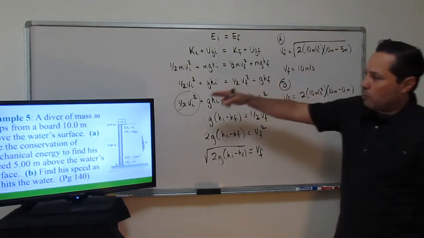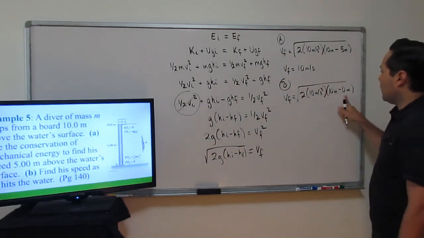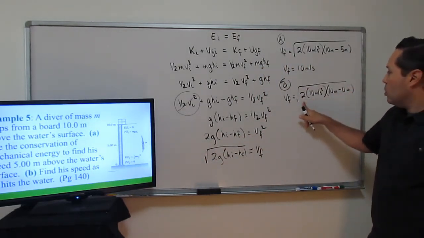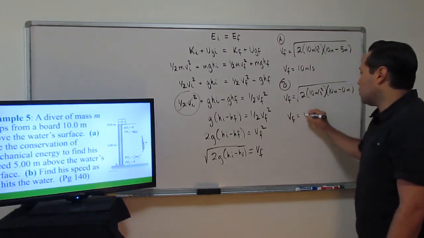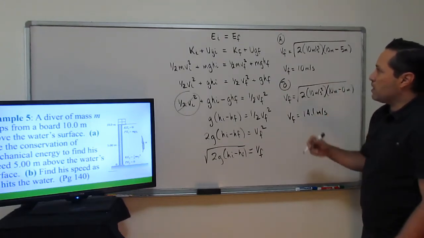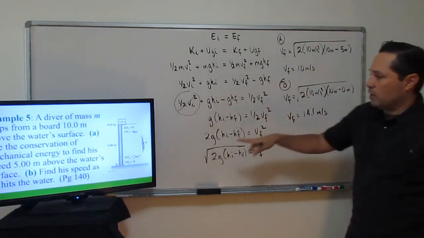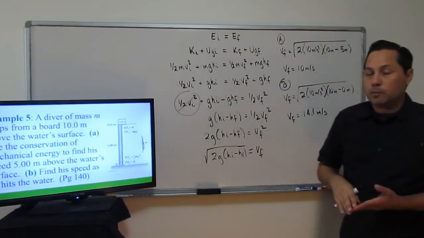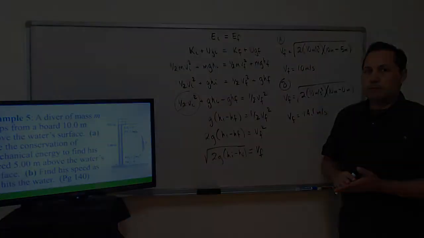So from the top of the board all the way down to the 0 reference point. 10 times 10 is 100, times 2 is 200, and then you square root it. Square root of 200 gives us roughly 14.1 meters per second. So that is our answer for part A when he is at 5 meters, and for part B when he's just above the water. Alright, that takes care of problem number 5.